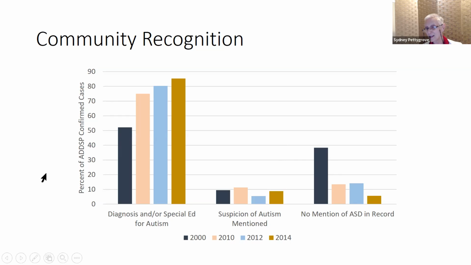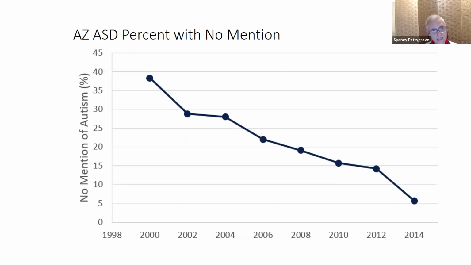And this was when I started to feel a little more relieved about the changes that were being made to the protocol. And this is a graph that includes all the years up through 2014. The percent of cases that we recognized that had no mention of autism in their records. And you can see it's really come down.